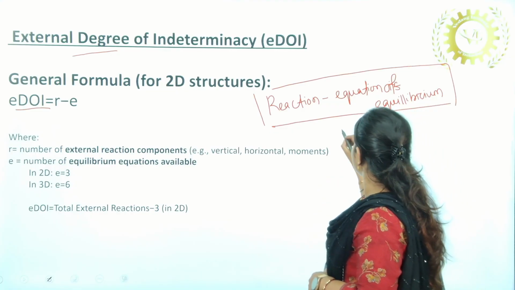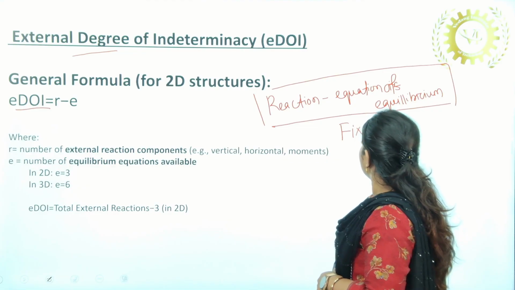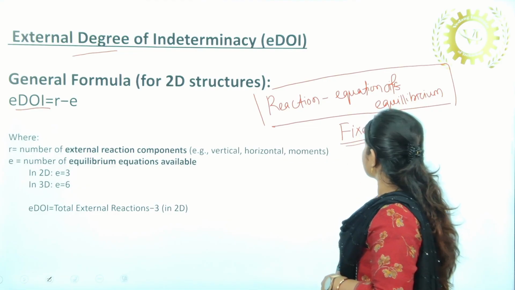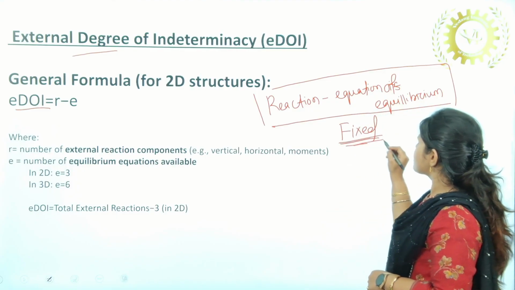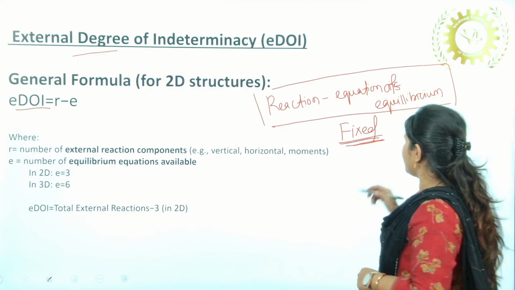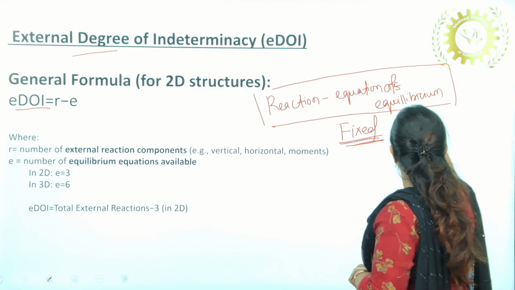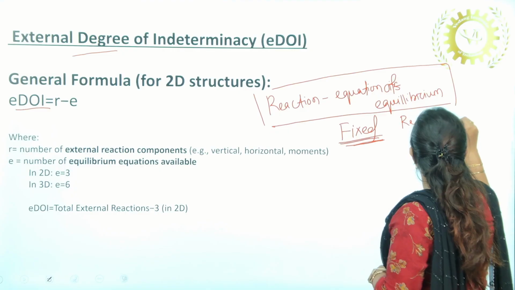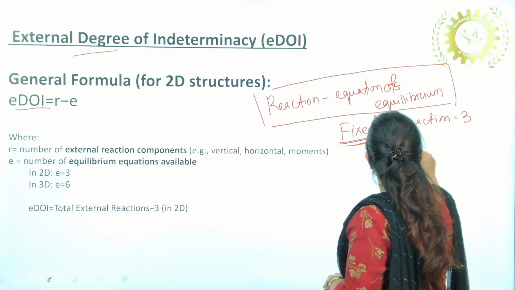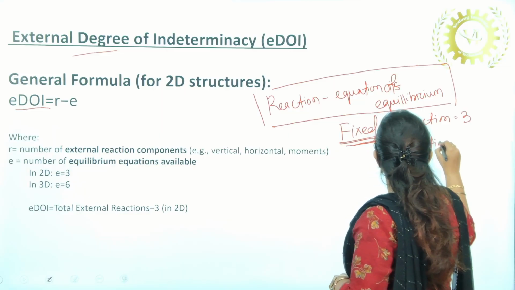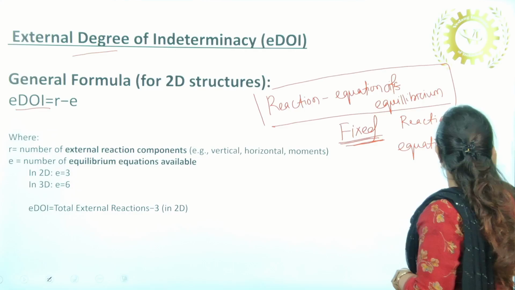Let's take an example. If it is a fixed support, we know that in case of fixed support we have 3 reactions. The number of reactions is 3 and we know that the equations of equilibrium are 3.